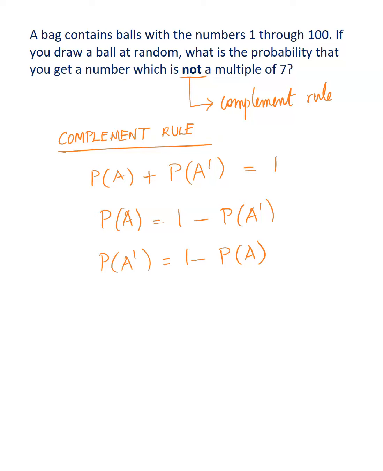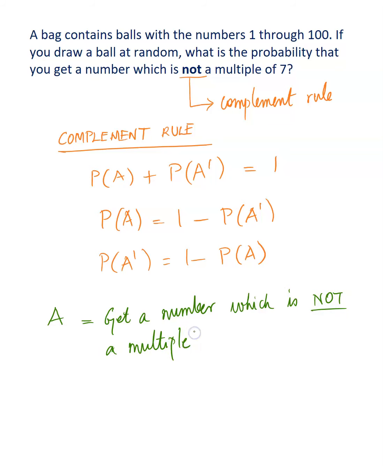So to make it more structured, I'm going to use A to define the event. A would be that you get a number, meaning get a ball which has a number, which is not a multiple of 7, because that's the question, right?